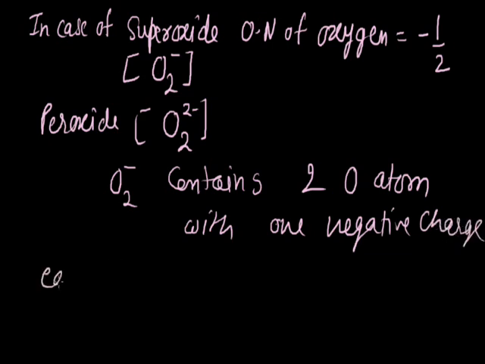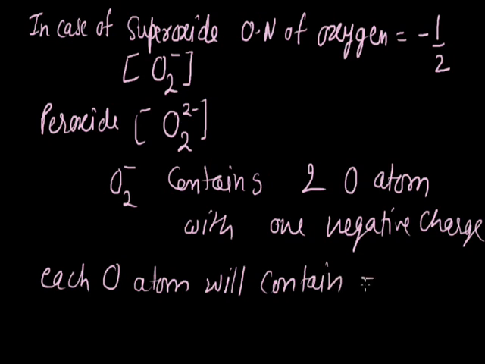So we can say that each oxygen atom will contain minus 1 upon 2 charge, because two atoms contain one negative charge, so one single atom of oxygen will contain minus half charge according to the formula.